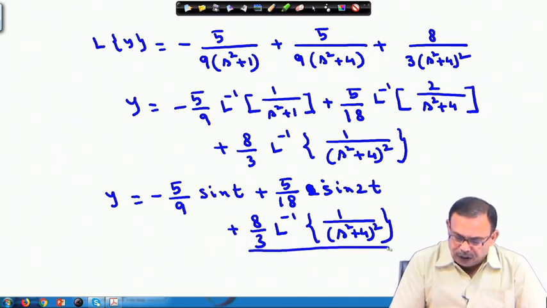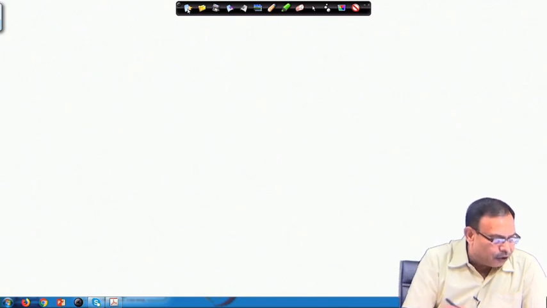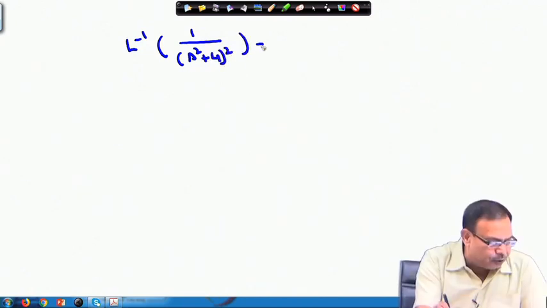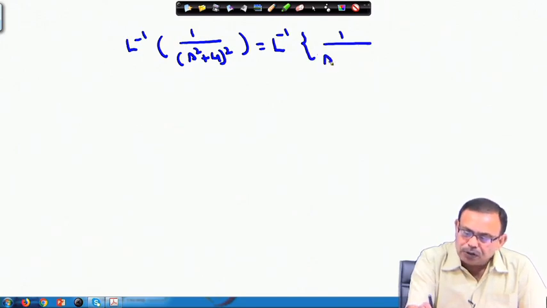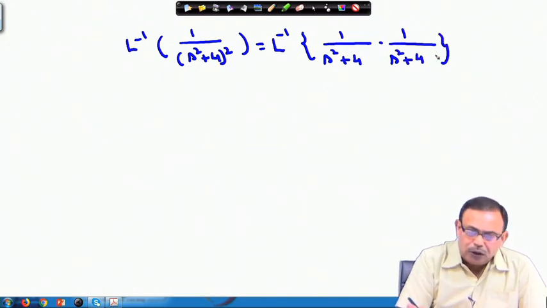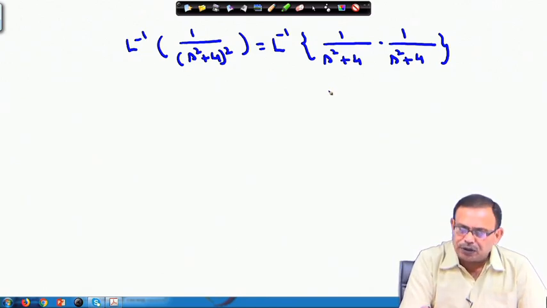So, now we will find the Laplace inverse of this at first. Laplace inverse of 1 by (s square plus 4) whole square. This I can write as the Laplace inverse of 1 by (s square plus 4) into the Laplace inverse of 1 by (s square plus 4). I know 1 by s square plus 4 is the Laplace transform of the function half sin 2x.